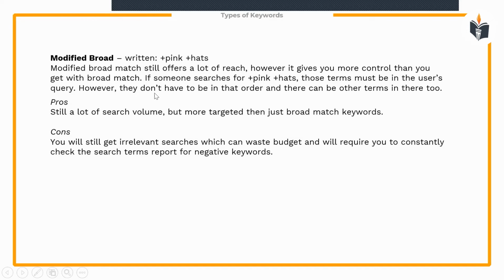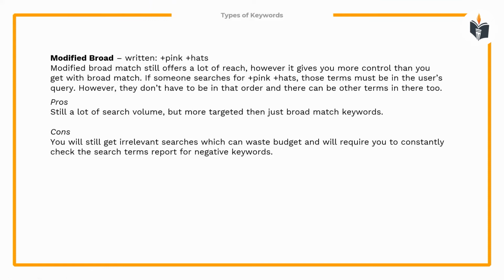However, they don't have to be in that order, and there can be other terms in there too. So what will happen? If someone searches for pink hats in New Delhi, it will still show ads for hats that are pink. Both words, hats and pink, are there in the keyword, so the advertisements will be shown, right?